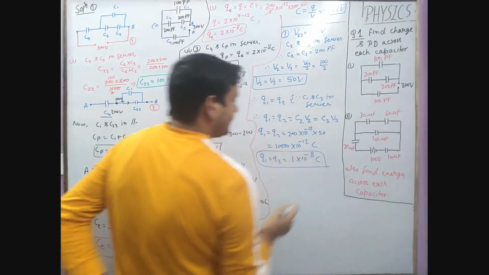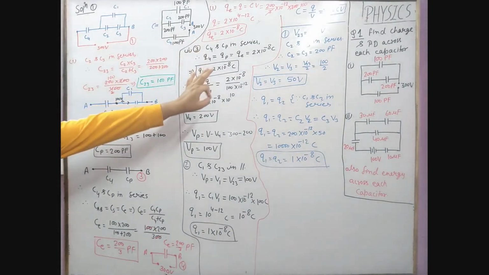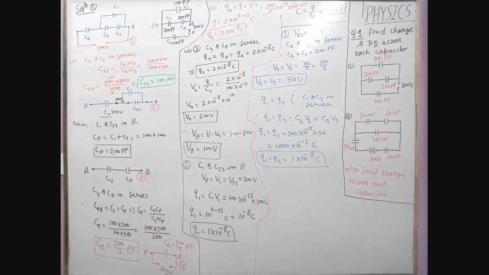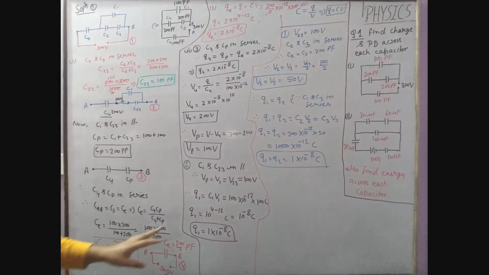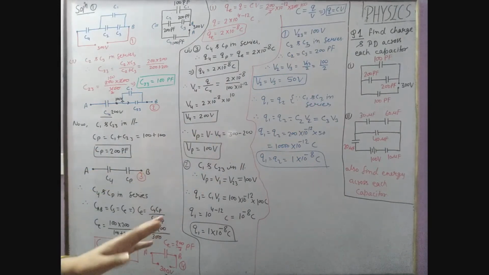So these are the values of individual capacitor charge and potential difference, and this is how you can solve the numerical related to the distribution of charge and potential difference.